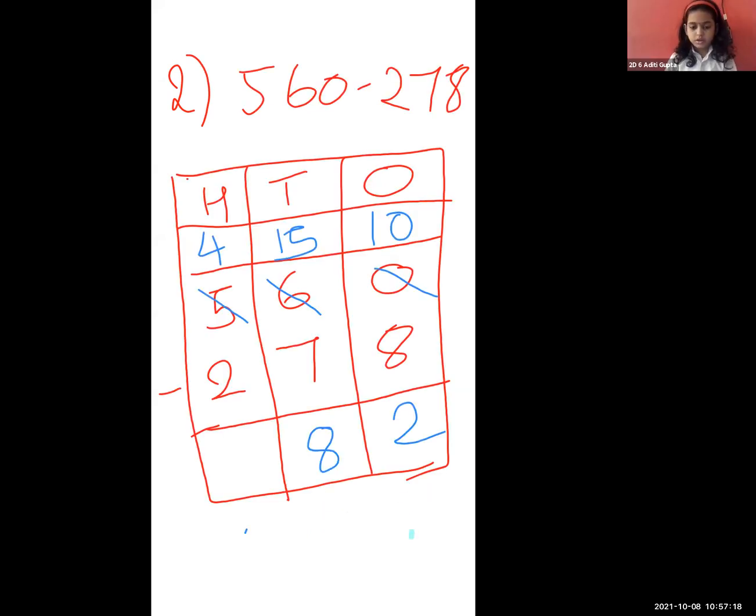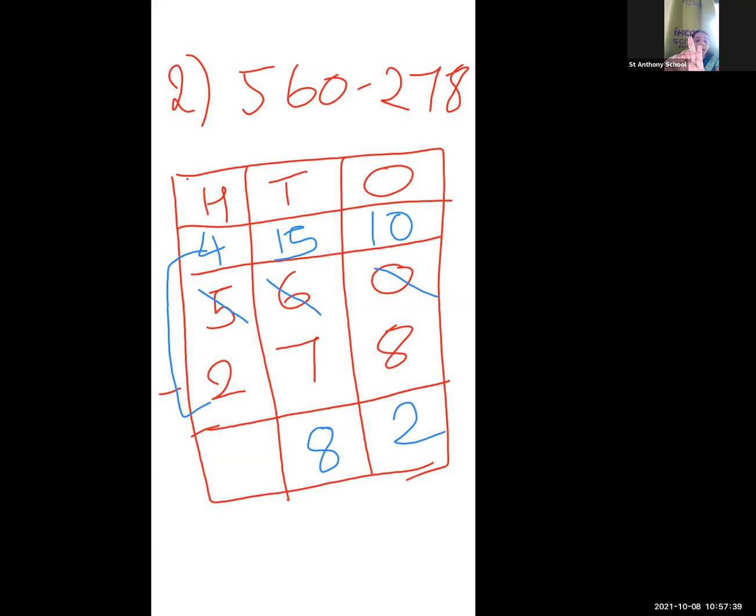Okay, now we have to go forward to the hundreds place. What do we do in the hundreds place? 4 minus 2. 4 minus 2, it is possible. Will 2 be subtracted from 4? Yes, it will.